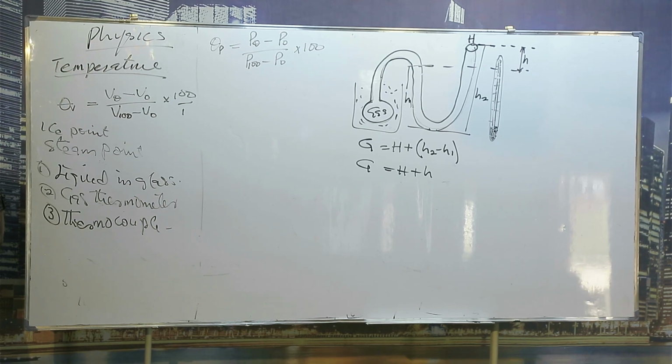It is better for us to list all these thermometers, give certain information concerning them, and then move over to the scales and the equations and calculations. So next is thermocouple. Can I move on now?